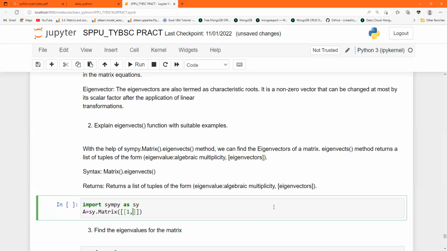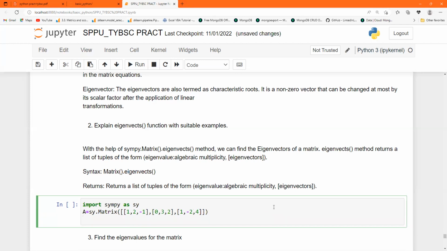My first row is 1, 2, and -1. In the second row, 0, 3, and 2, and my third row is 1, -2 and 4. So this is my matrix A guys.